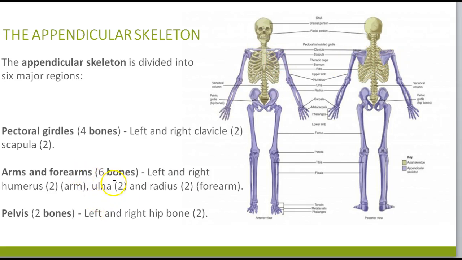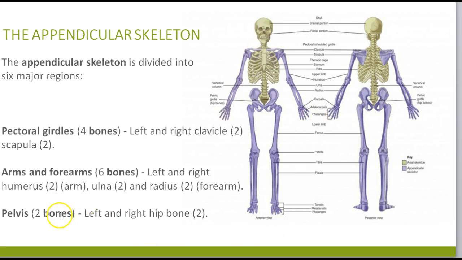The arms and forearms have six bones. You've got your right and left humerus, and then your ulna and your radius. This skeleton is standing in anatomical position with its palms facing outwards, so you can see the thumb is facing upwards. You can then identify that the ulna is on the inside near the little finger and the radius is on the outside near the thumb, which is a really good way of remembering that.